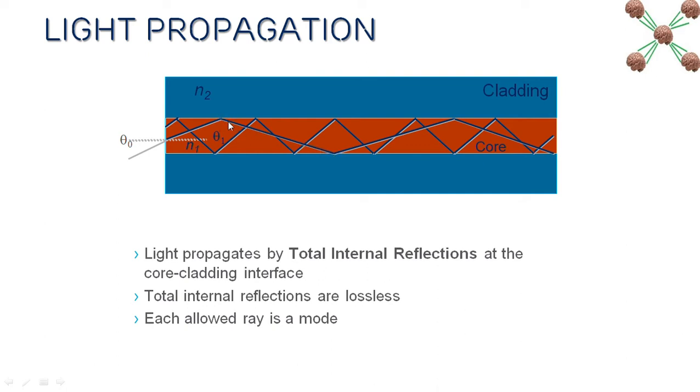The light ray ping pongs inside the core and remains inside it. Because total internal reflections are lossless, there is almost no loss when the light travels inside the core. If the source provides more than one ray inside the core, then each ray is called a mode.